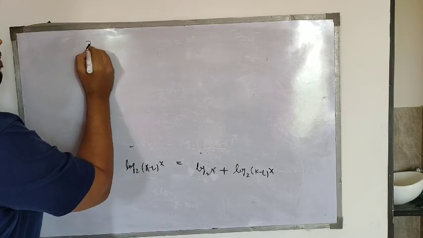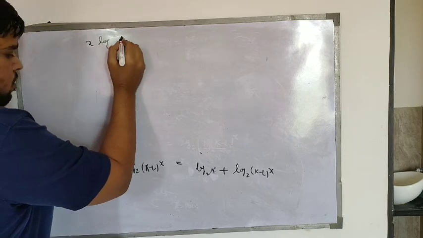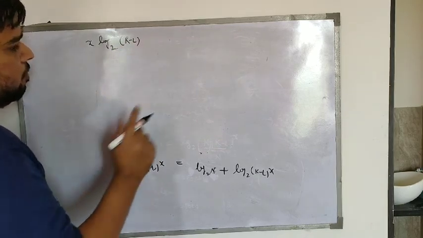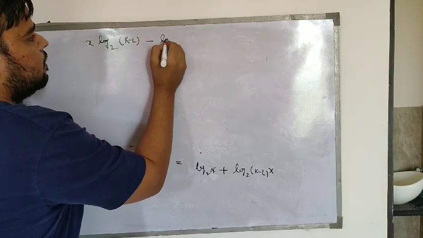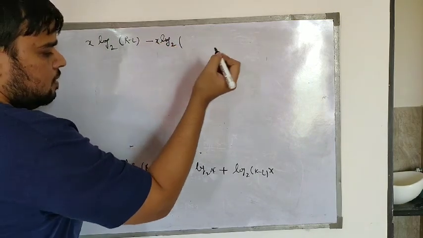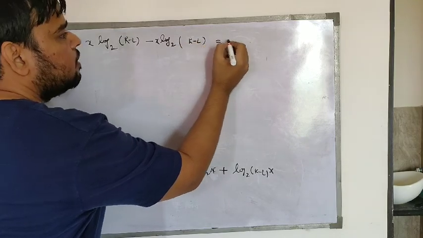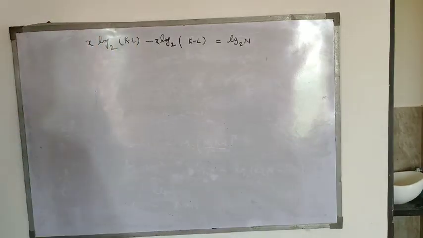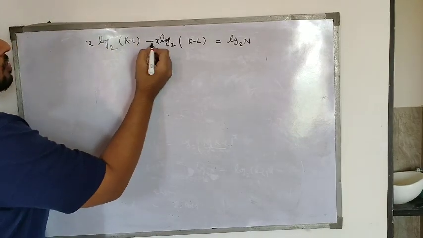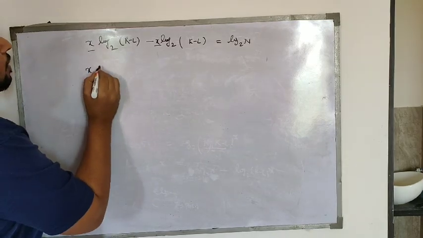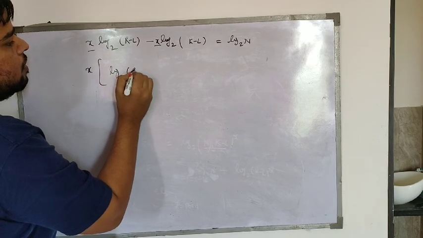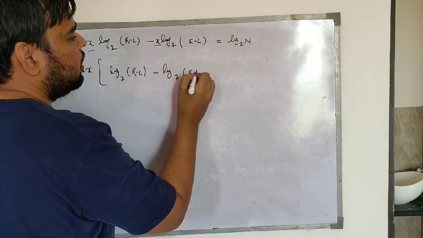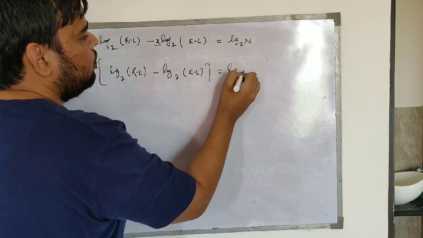So this will be x log 2 (R - L), because x will come first with the help of the logarithmic property, and x log 2 (K - L) equals log 2 N. Now just take x as common. So this will be log 2 (R - L) minus log 2 (K - L).